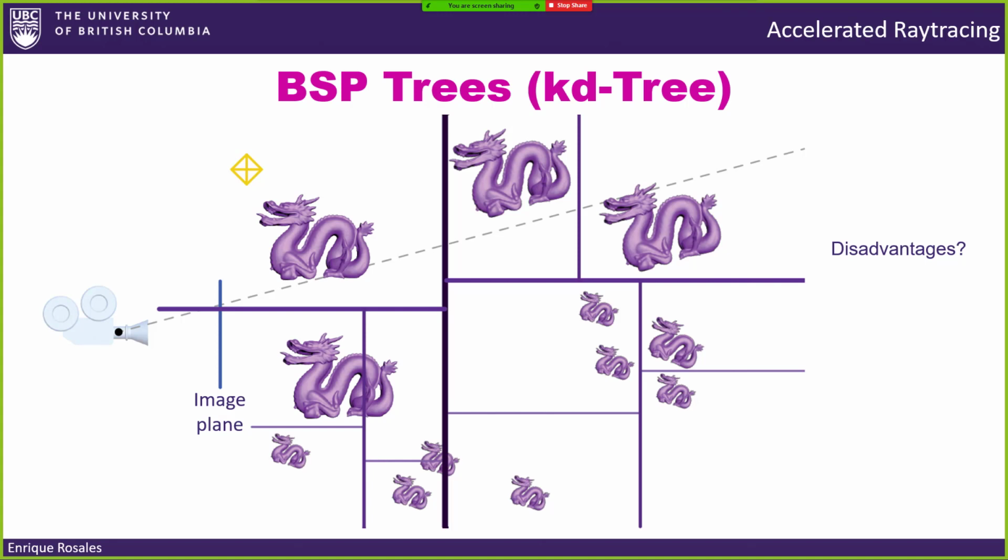When I said you need to duplicate the dragons or the spheres, you're just duplicating the pointer on those lists. For example, this dragon is in between three leaves of the tree. This leaf has its own list of pointers, this one has its own list of pointers, so the dragon pointer is duplicated, because it's on this leaf and also on this one and also on this one. You're just duplicating a pointer, not the entire thing.